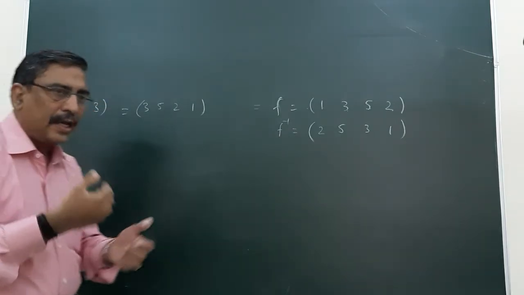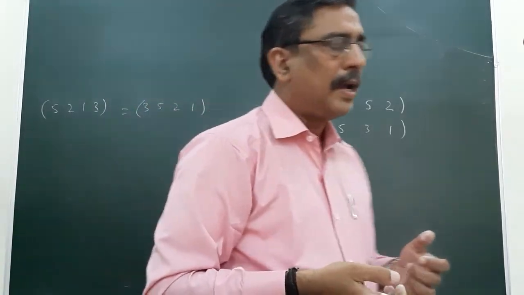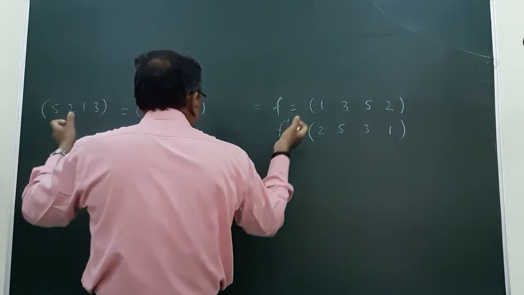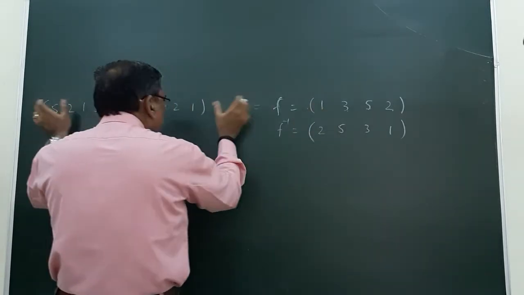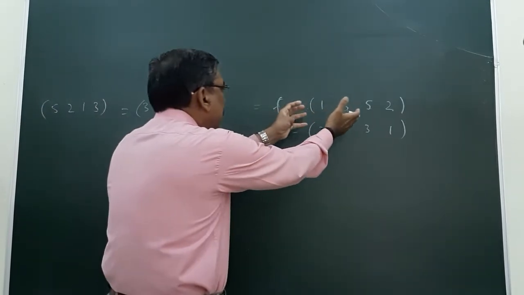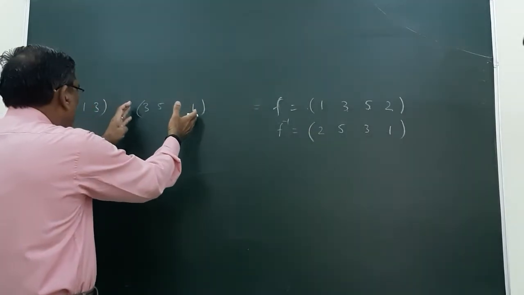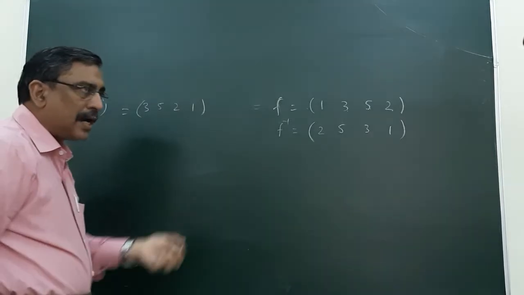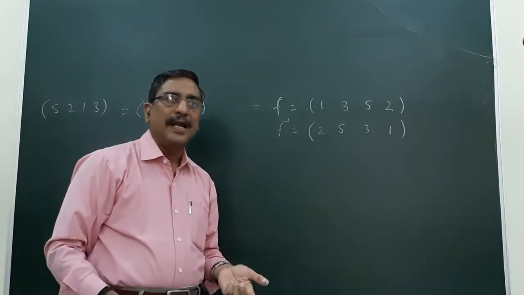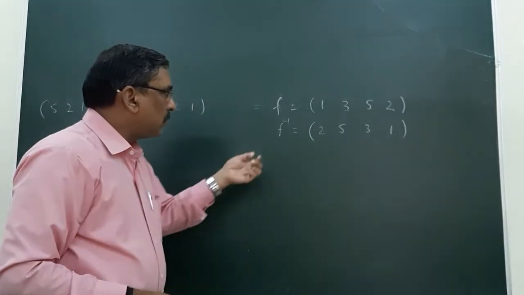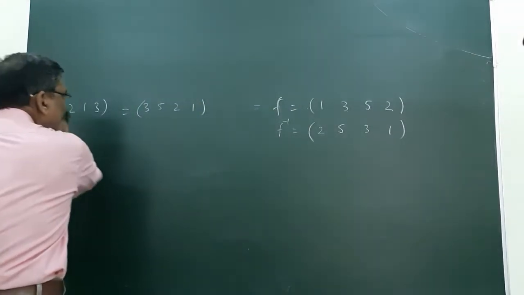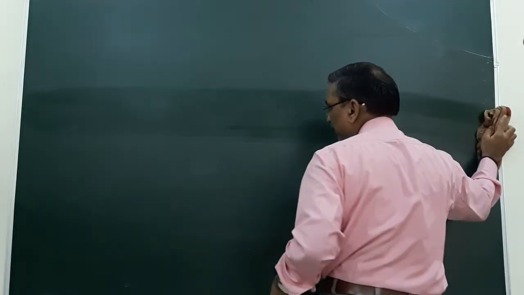This means I can keep the cyclic order intact and write this permutation in different ways, but keeping the cycle intact. So this is the way to express a permutation, the cyclic representation of a permutation.